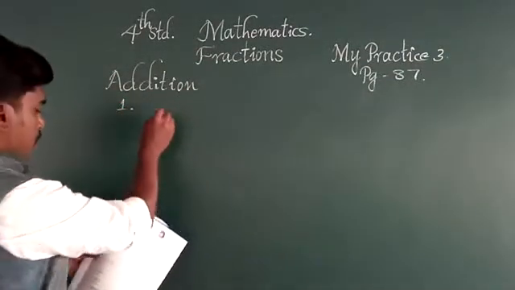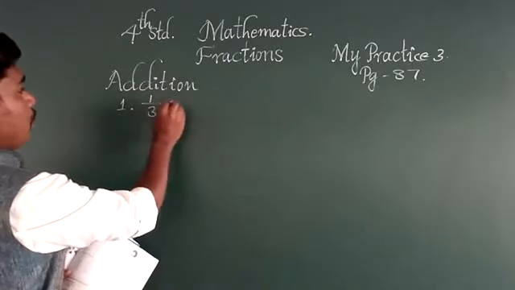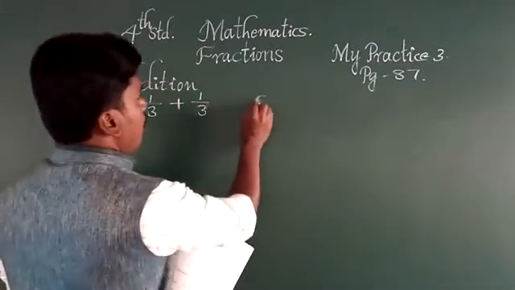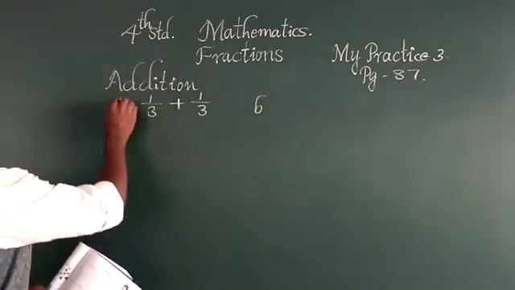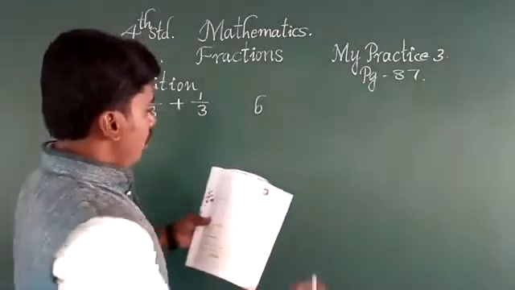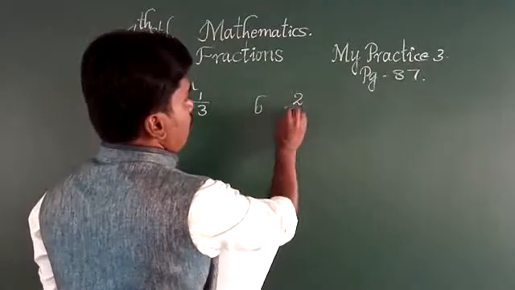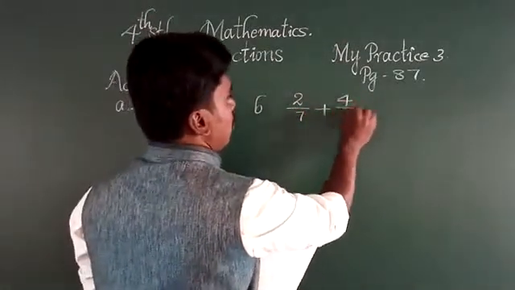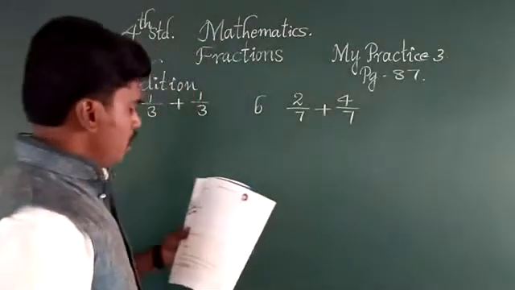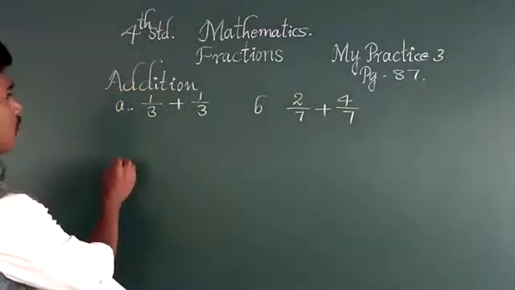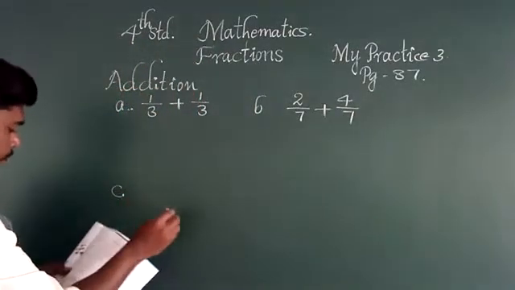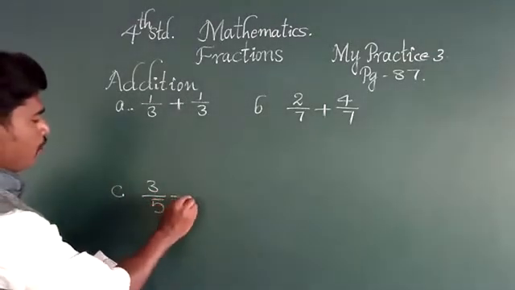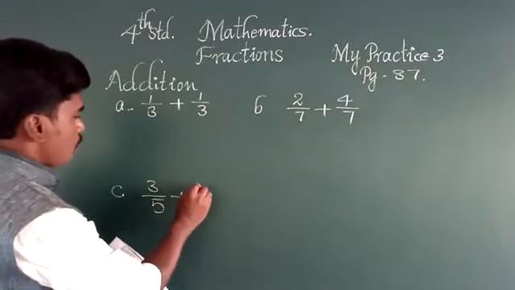First one is 1 by 3 plus 1 by 3. Second one, B, is 2 by 7 plus 4 by 7. Next is C, 3 by 5 plus 2 by 5.